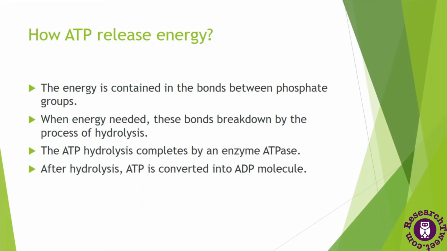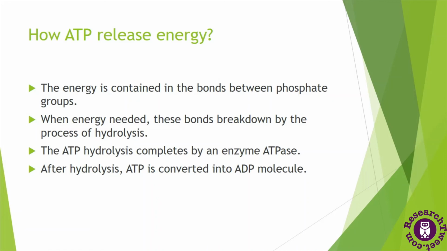Now let's understand how ATP releases energy and how it acts as an energy currency for our cells. So the energy is contained in the bonds between phosphate groups of ATP. As we have seen in the structure, the molecule of ATP consists of 3 phosphate groups. So when energy is needed, the outermost phosphate group is broken off by the process of hydrolysis, and this process is completed in the presence of the enzyme ATPase.